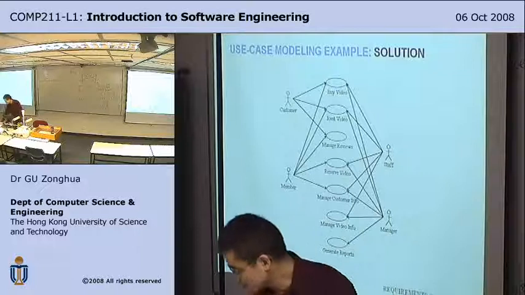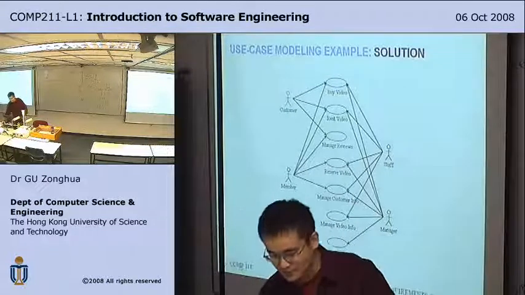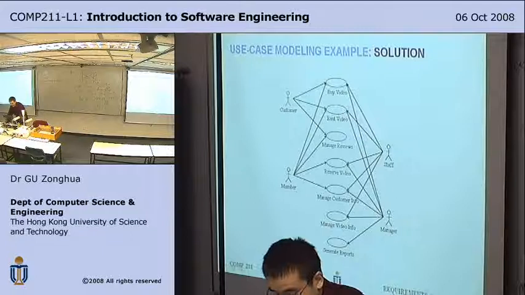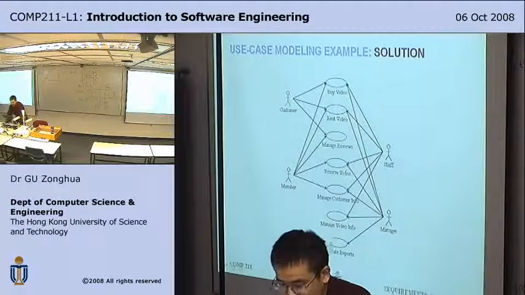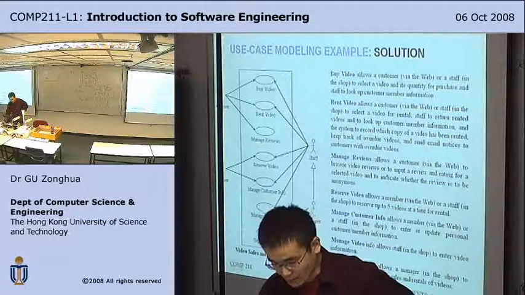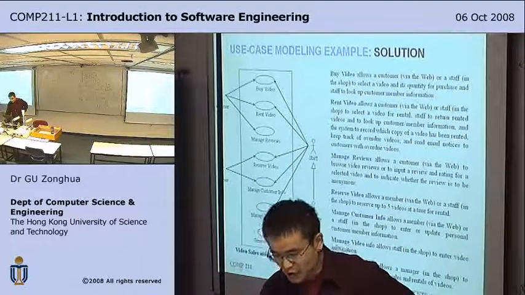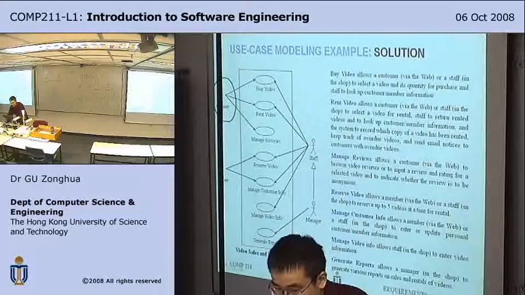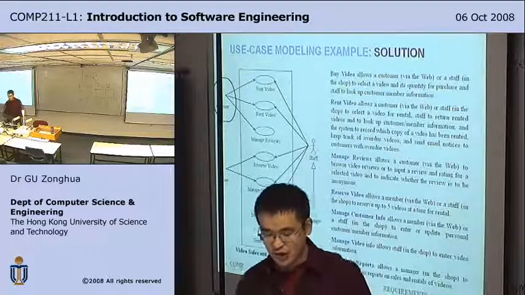So here's the use case diagram, but we can actually simplify it by taking advantage of generalization. If you recall, all of these are classes. They're just funny-looking classes. These are stereotyped classes.